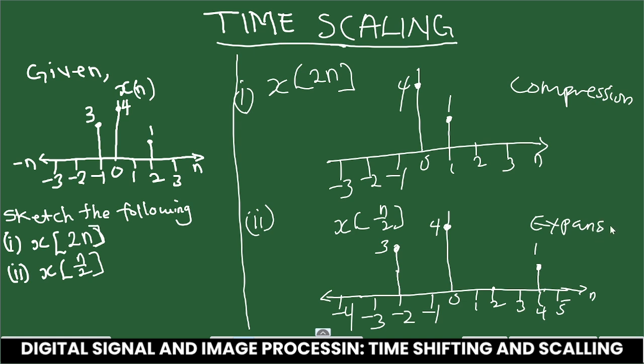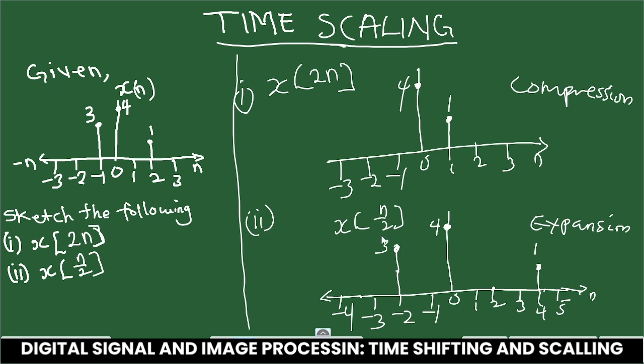We call it expansion. So the trick here is that when the scaling factor is greater than 1, simply take the sample position and divide by the scaling factor. If the result gives you decimals, that sample dies out, so you don't plot it at all. If you get a whole number, an integer, you sketch the new one.